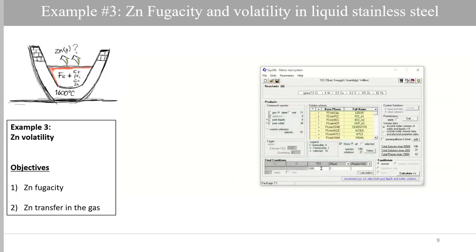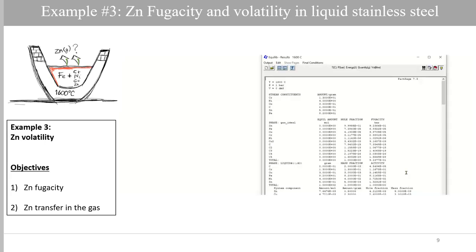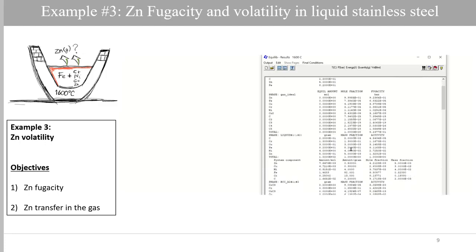Okay, so I want to define a temperature at which I'm going to melt everything. So typically an electric arc furnace should work around 1600 degrees Celsius at a pressure of 1 bar. And I'll do one single calculation. I'm hoping to melt all the metal, and this is what you see here.